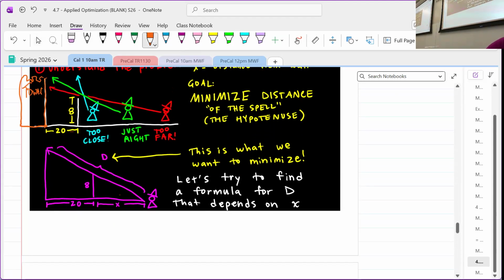So we end up with this figure here. We know the 20 and the 8. And the variable that we're changing is the distance from the outside 8-foot wall. And what we're trying to minimize is the length of the hypotenuse of the bigger triangle. So there's a lot of right triangle trigonometry in here, which means we could also use angles as well.